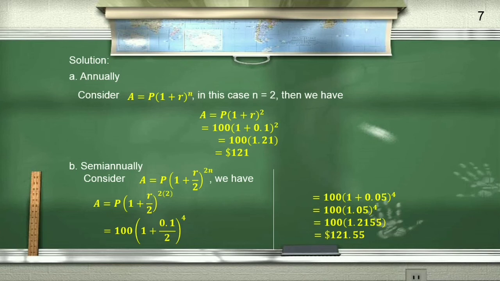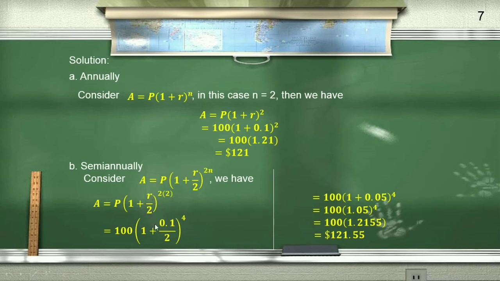Now the second one, if the interest rate is compounded semi-annually, we consider the formula A = P(1 + r/2)^(2n). Then we have A = P(1 + r/2)^(2 times 2).